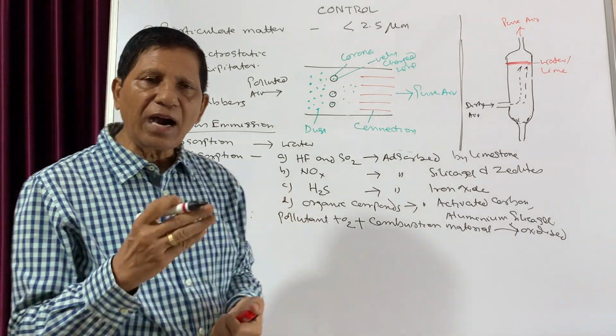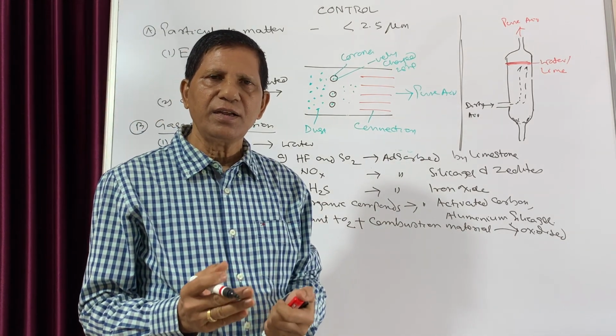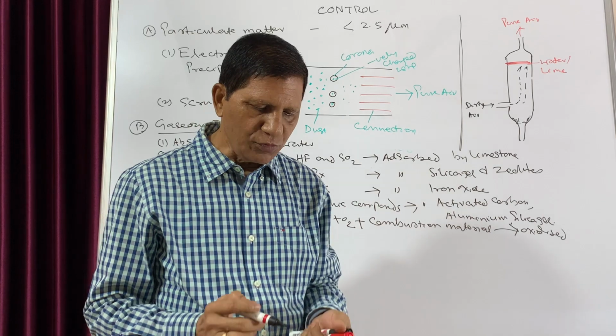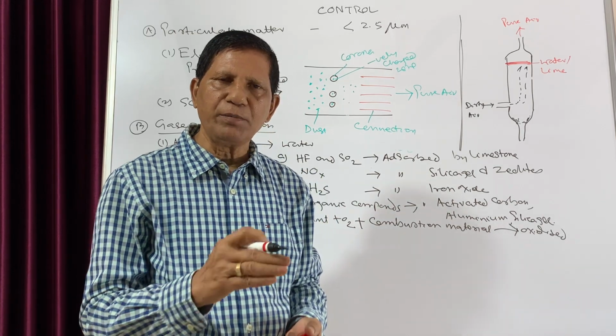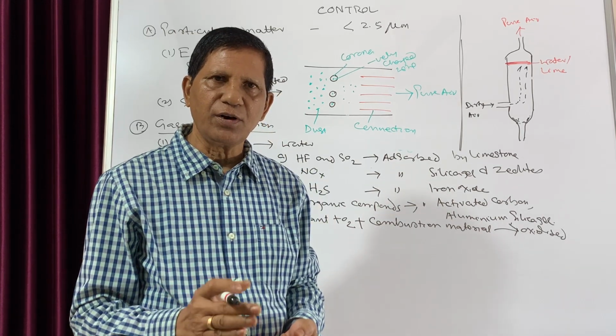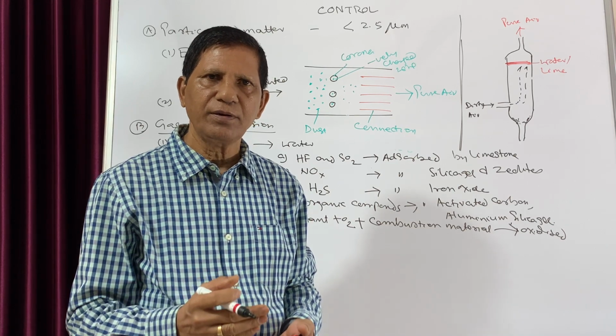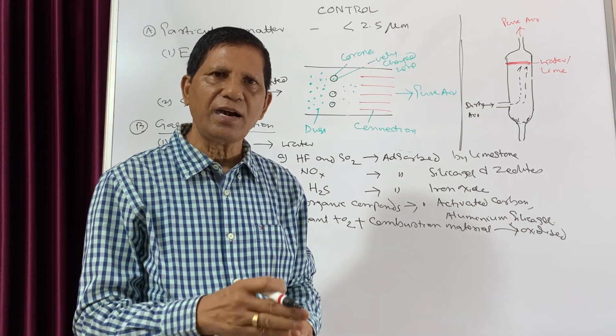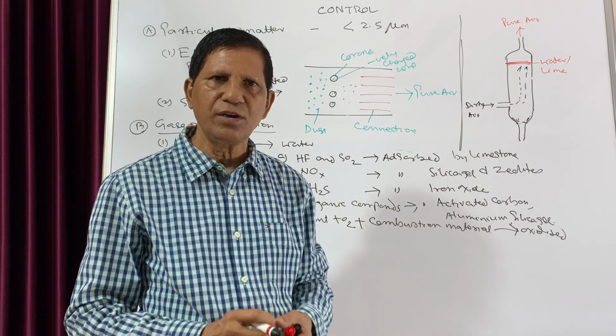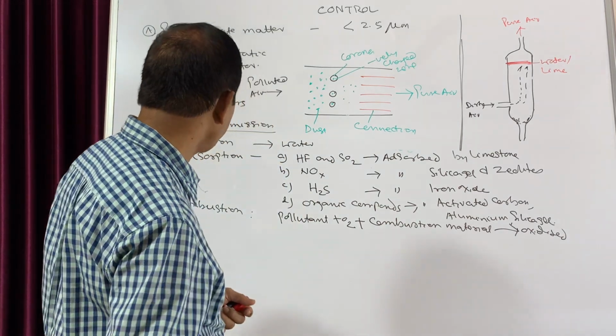Then the third part that we will discuss is the case of automobiles. Usually from the automobiles, different types of hydrocarbons, oxides of carbon, carbon dioxide, carbon monoxide, and also oxides of nitrogen are released. So how are they usually controlled?